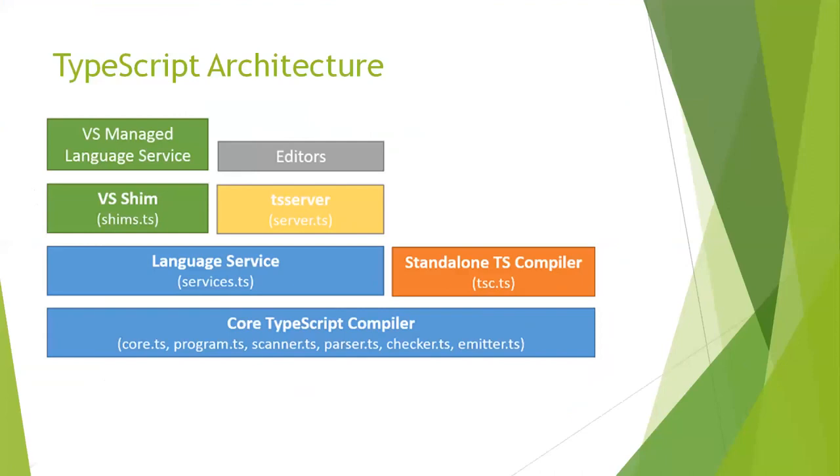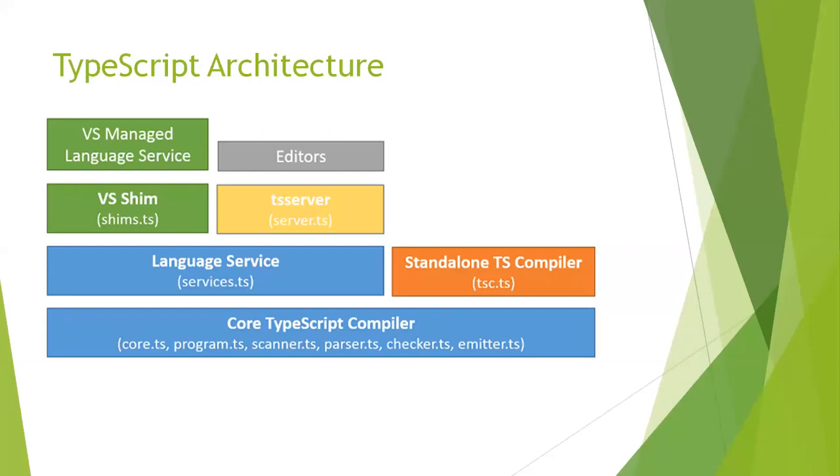What is core compiler? Core compiler translates the code and identifies the errors in your code. Once translated successfully, it needs to be transcompiled into JavaScript. Who will do that? Standalone compiler. And whatever library is required for TypeScript, that is provided by language service.